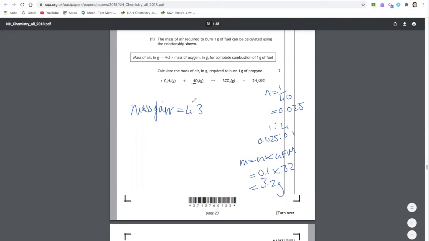Okay, so then we've got 4.3 times 3.2, which is 13.76 grams. So you need to use the balanced equation for this.